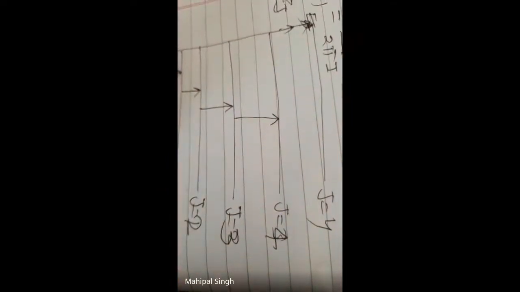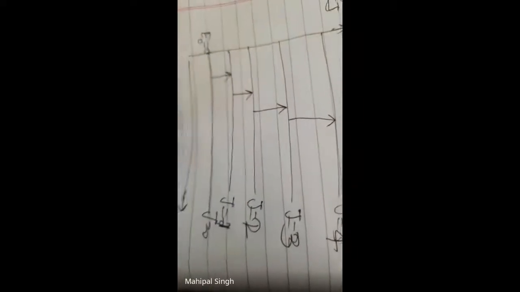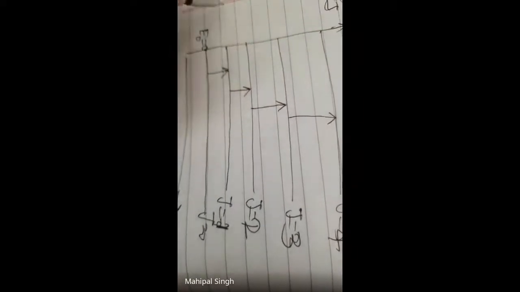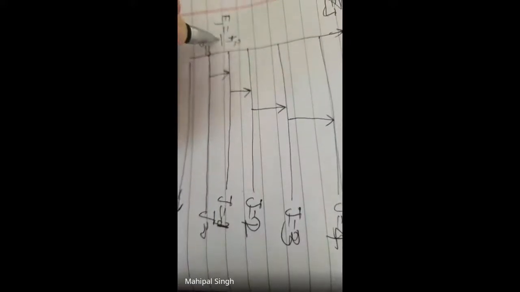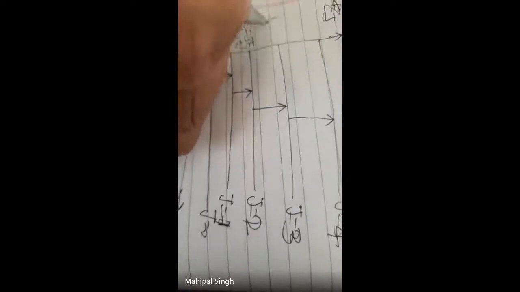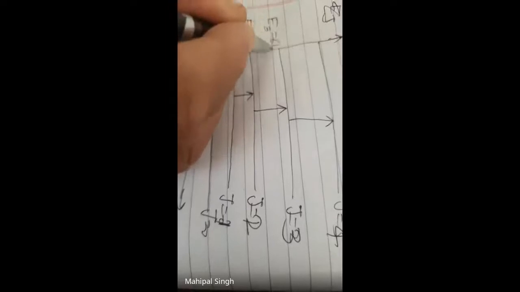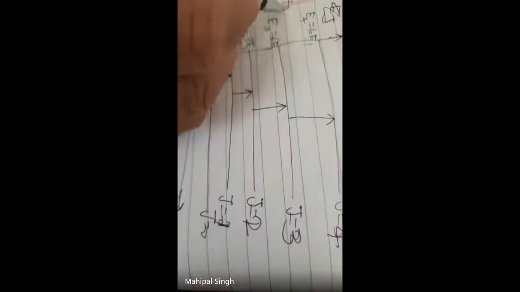This is E0 equal to 0. Here E1 will be h cross square upon I. E2 equal to 3 times E1. E3 equal to 6 times E1. And E4 equal to 10 times E1.